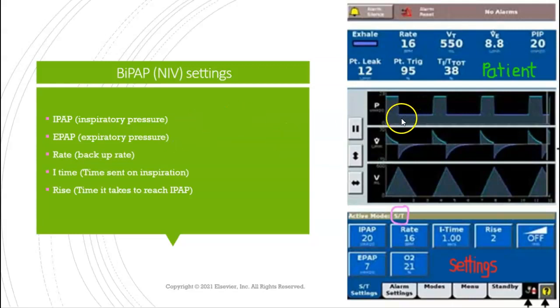So if you look at this pressure waveform here, this line with the gray underneath represents the time the patient is spending at that EPAP level, during the expiratory phase. This top line represents the time the patient is spending at its inspiratory pressure.